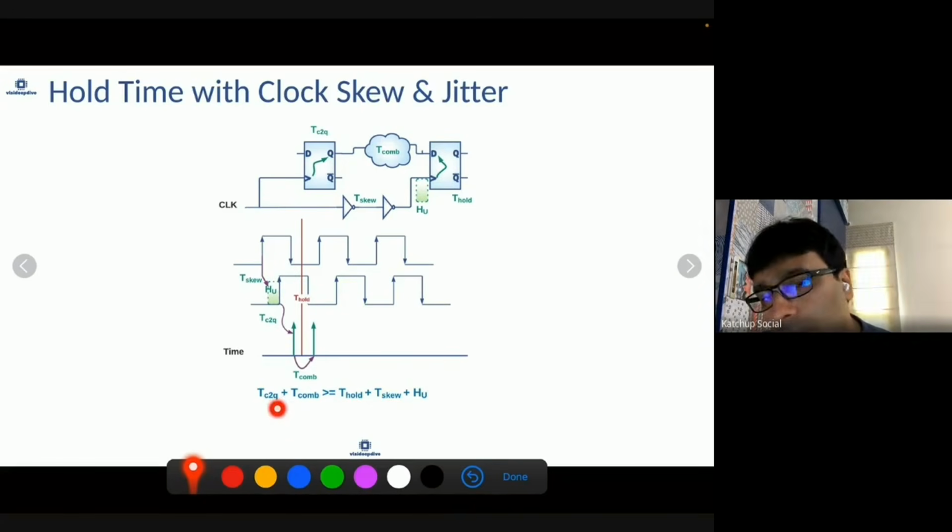So clock to Q delay plus combinational delay should be greater than your hold, T skew, and hold uncertainty value. Because the clock edge can shift in any direction, STA does it in a pessimistic way, and you have to stay stable for a longer amount of time. So your minimum delay has to be more.